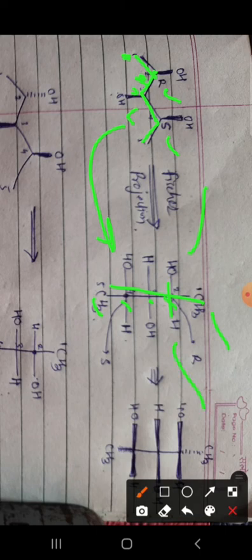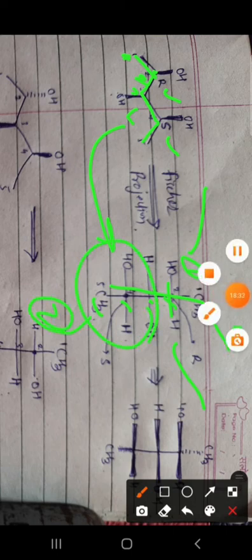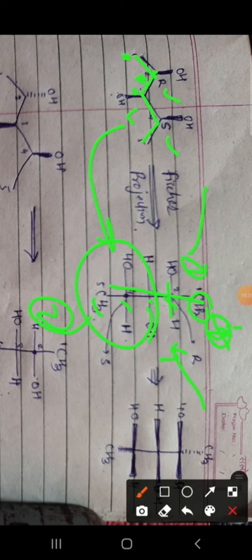Okay, check the configuration. First carbon, second priority, third priority to this CH3 group, and fourth priority to the OH group. What is the configuration? 1, 2 and 3.